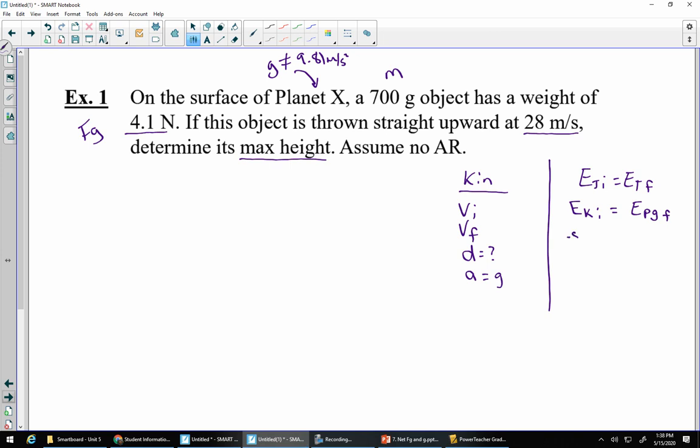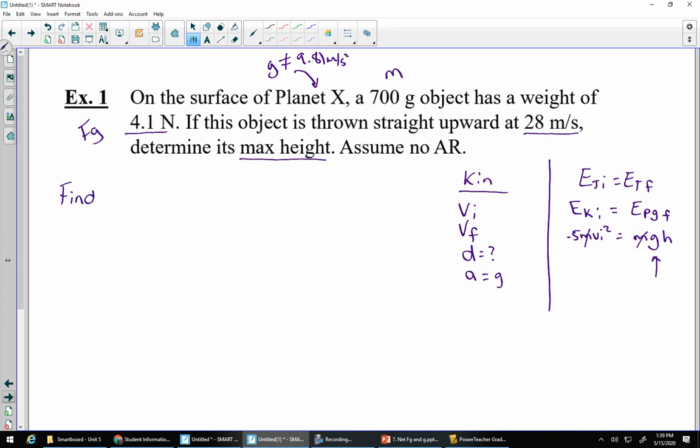Cool. Okay, so 0.5 mvi squared is equal to mgh. I don't actually even need the mass for this one. But what I do need is g. So either way, if we're using kinematics or we're using energy, we need to solve for the gravitational field strength or the acceleration due to gravity. So I think that's our first step here.